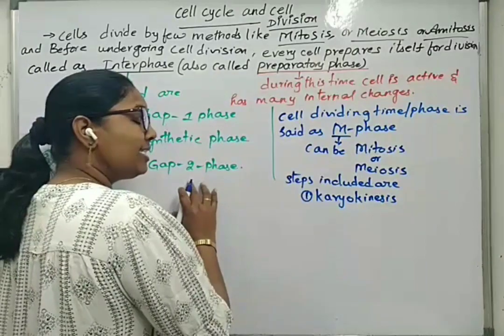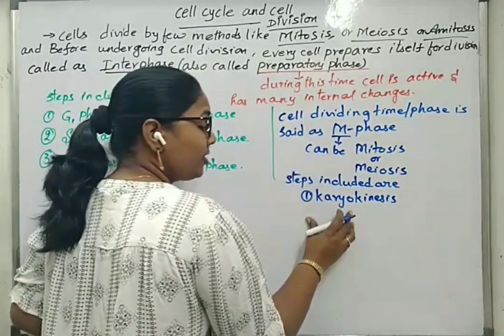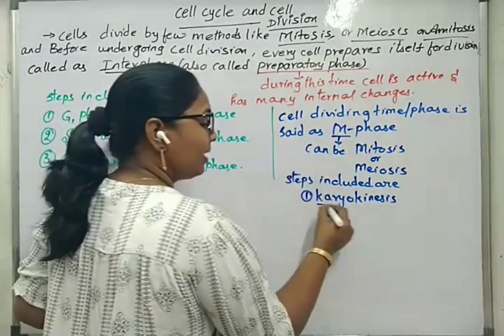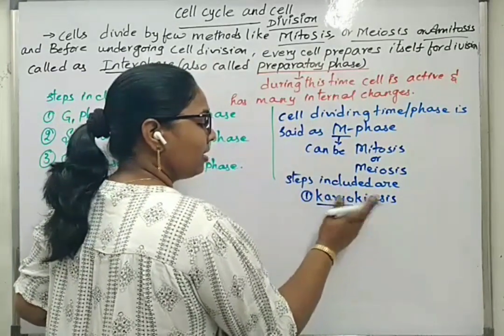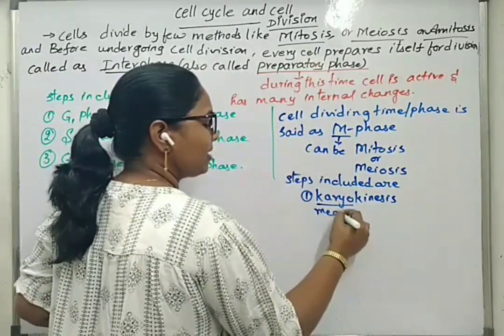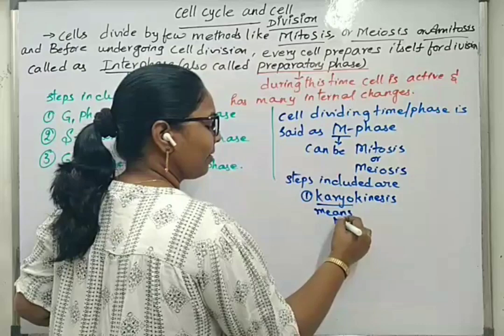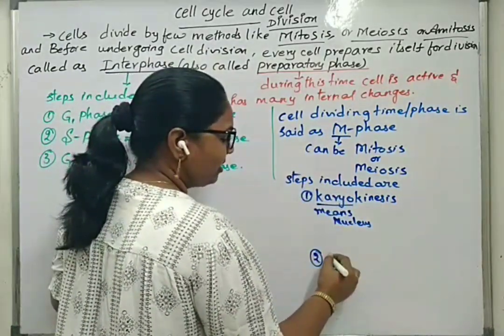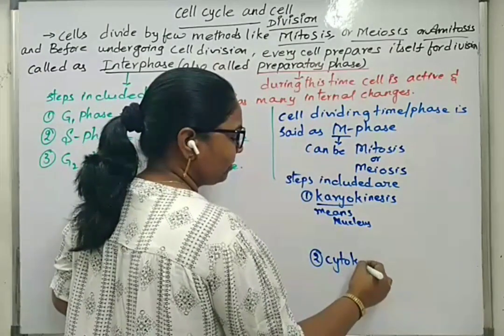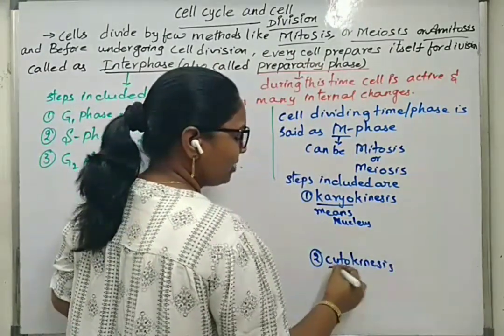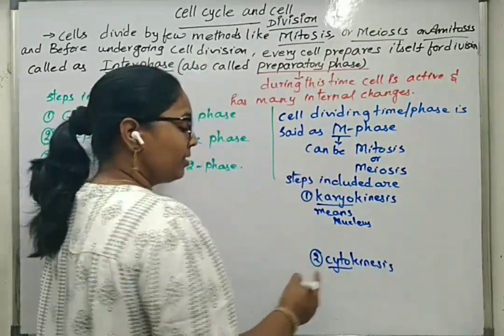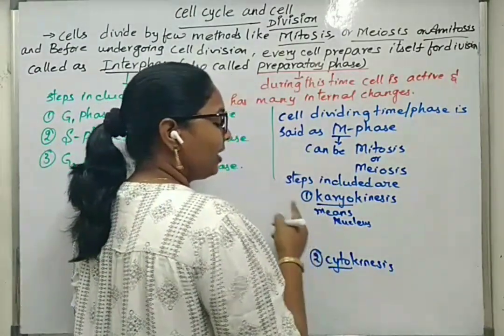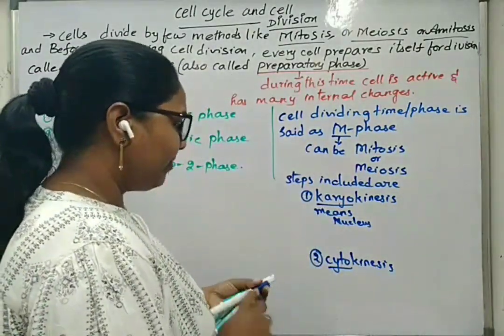When the cell is ready for division, the first change happens inside the nucleus. Karyo means nucleus. Second one, cytokinesis. Cyto means cytoplasm. So cytoplasmic division and nuclear division happen during M phase.